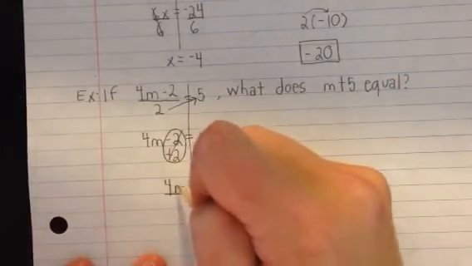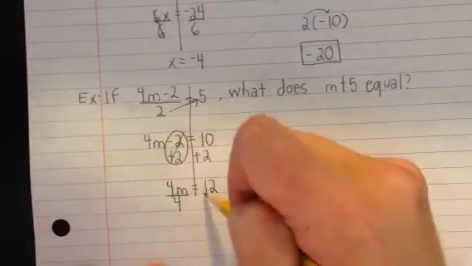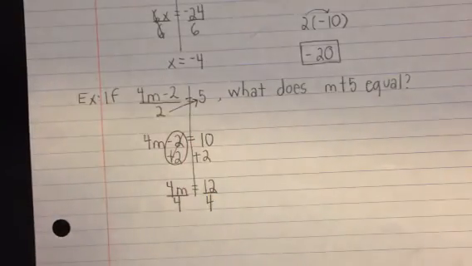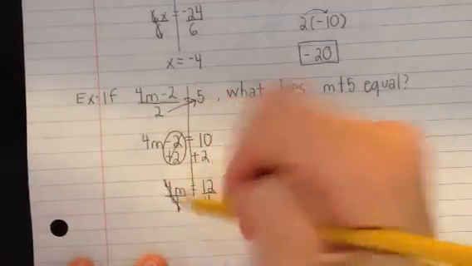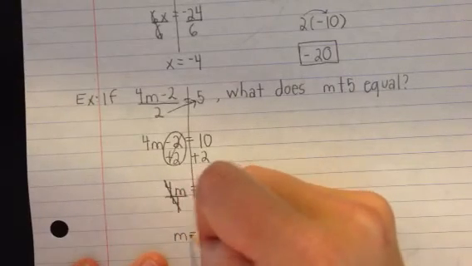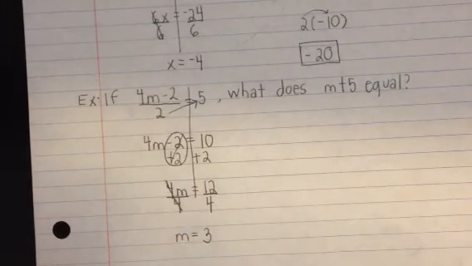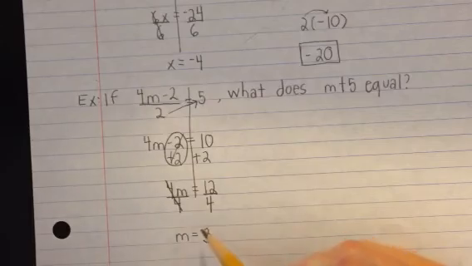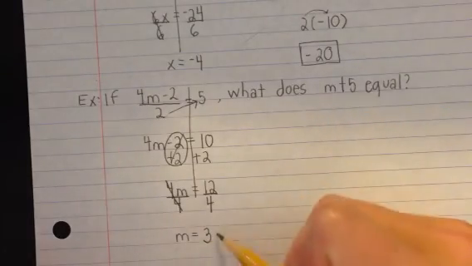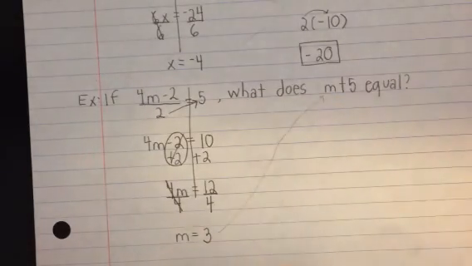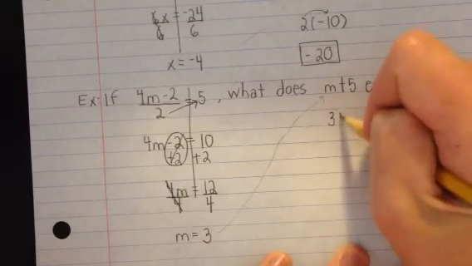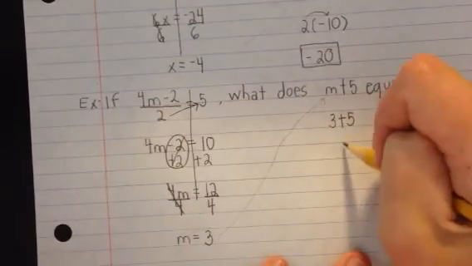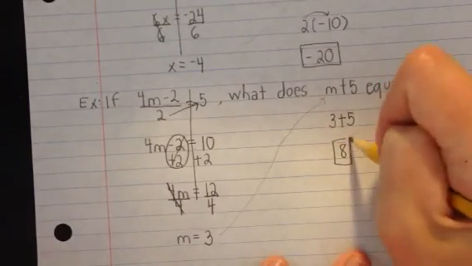Alright, to get rid of that 4 times m, I divide both sides by 4. 4 over 4 reduces to 1, so we get m equals 3. So then I have to take that m equals 3, plug it in over here where I see m. So it's going to be 3 plus 5, and 3 plus 5 equals 8. Final answer.